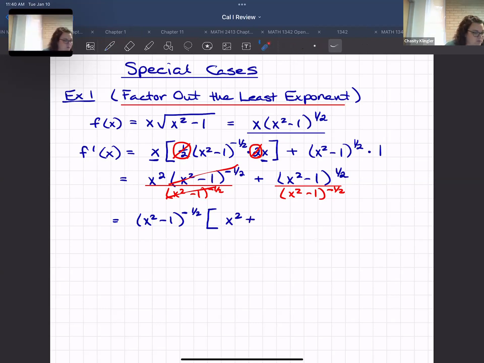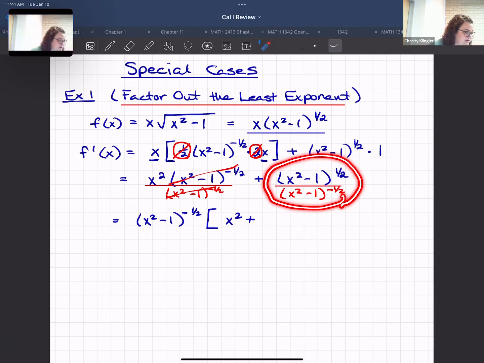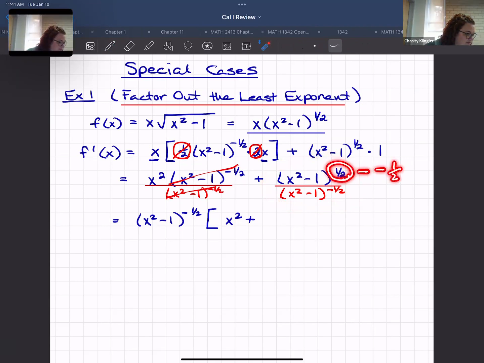Now, when I do this one, what are you doing to exponents when you're dividing? Subtract them, right? So this means I have 1/2 minus a negative 1/2, which will give me 1/2 plus 1/2, which is what? What's a half plus a half?